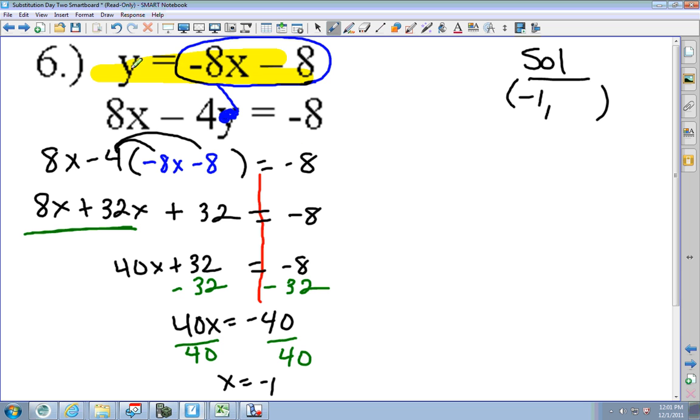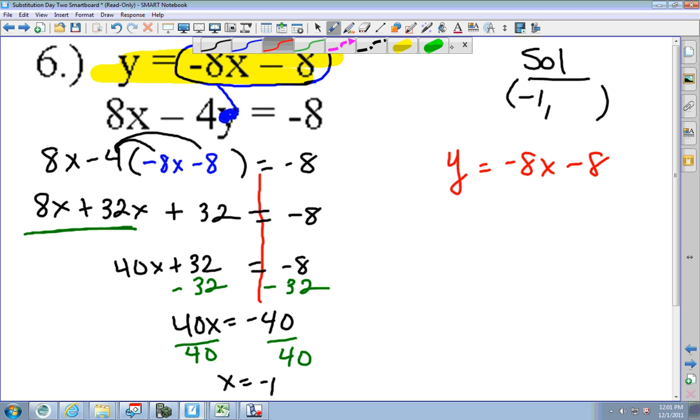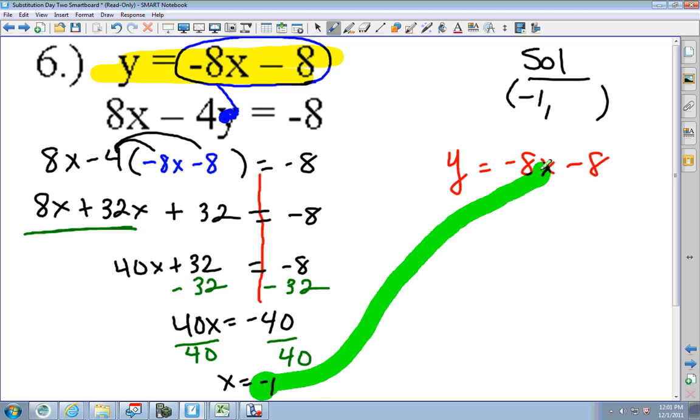Here's where it says y equals. I need to take that equation and move it over here and get y equals negative 8x minus 8. All right, well, I know what x is. x is negative 1. So go and put that right here for the x.